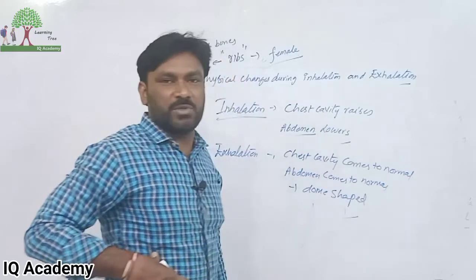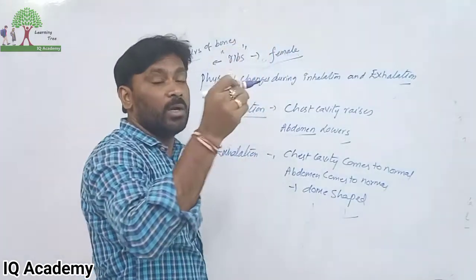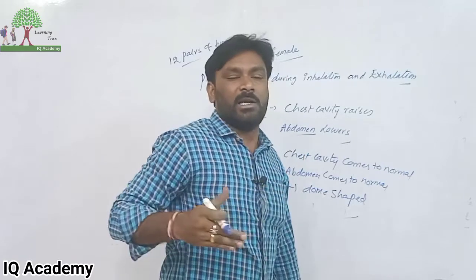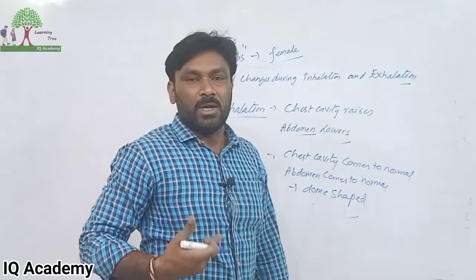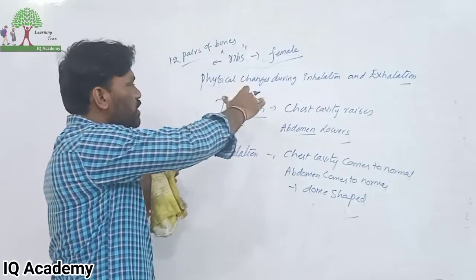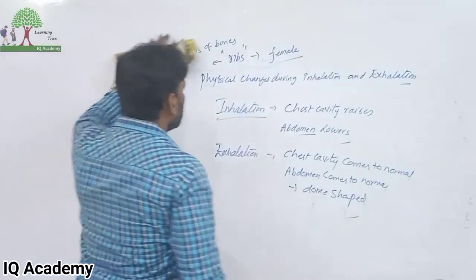These are called ribs. In the females, ribs play a major role in respiration, but in the males, ribs do not play any role. Simply it helps to restore its shape. That's all. These are physical changes during inhalation and exhalation.